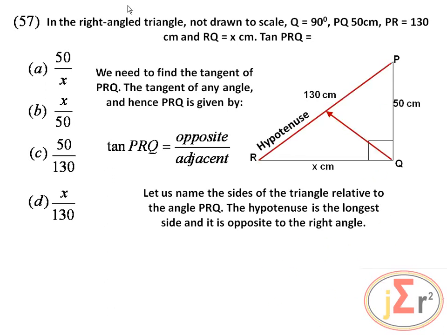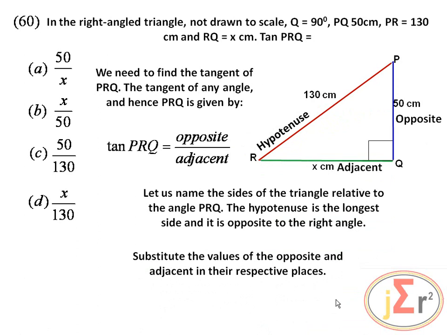There we have the opposite, the one that is facing the specified angle. This side, 50 centimeters, is the opposite. The adjacent is the one that is beside the angle, which is x.